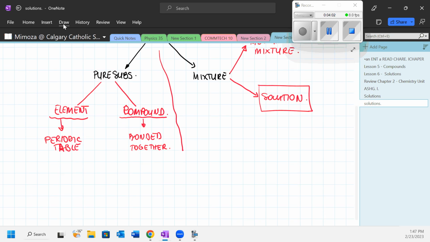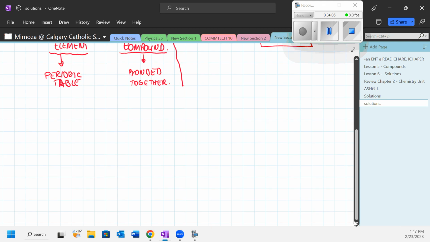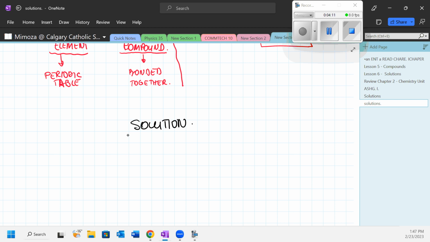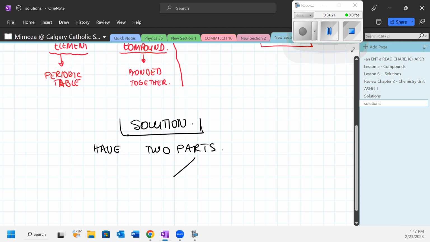Now, when we are talking about solutions, we are saying that solutions have two parts. One is known as the solvent, and the other one is called the solute.